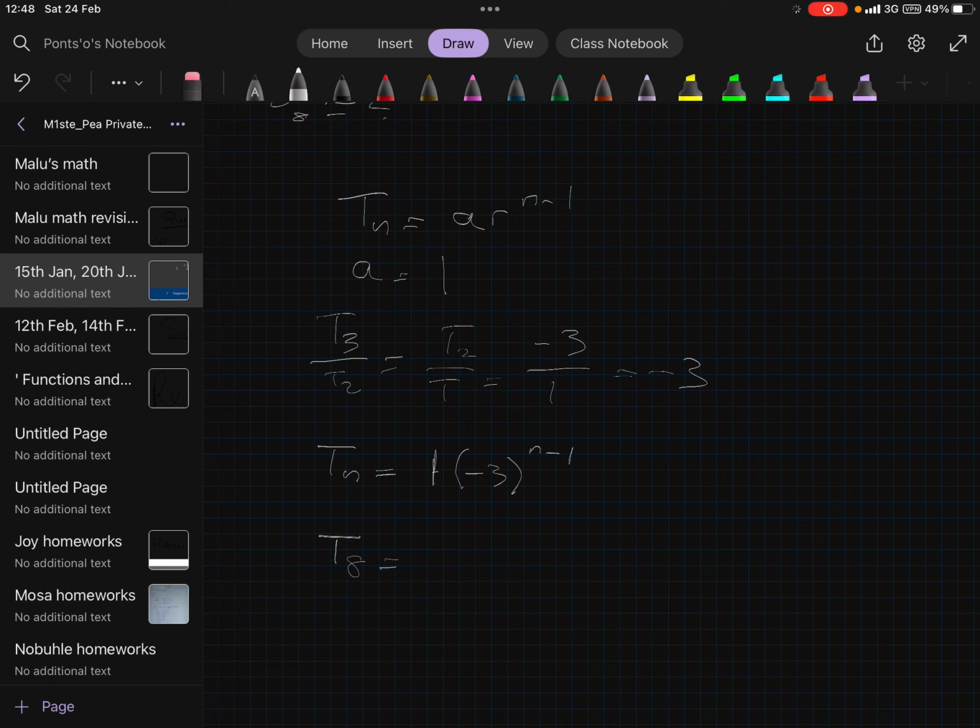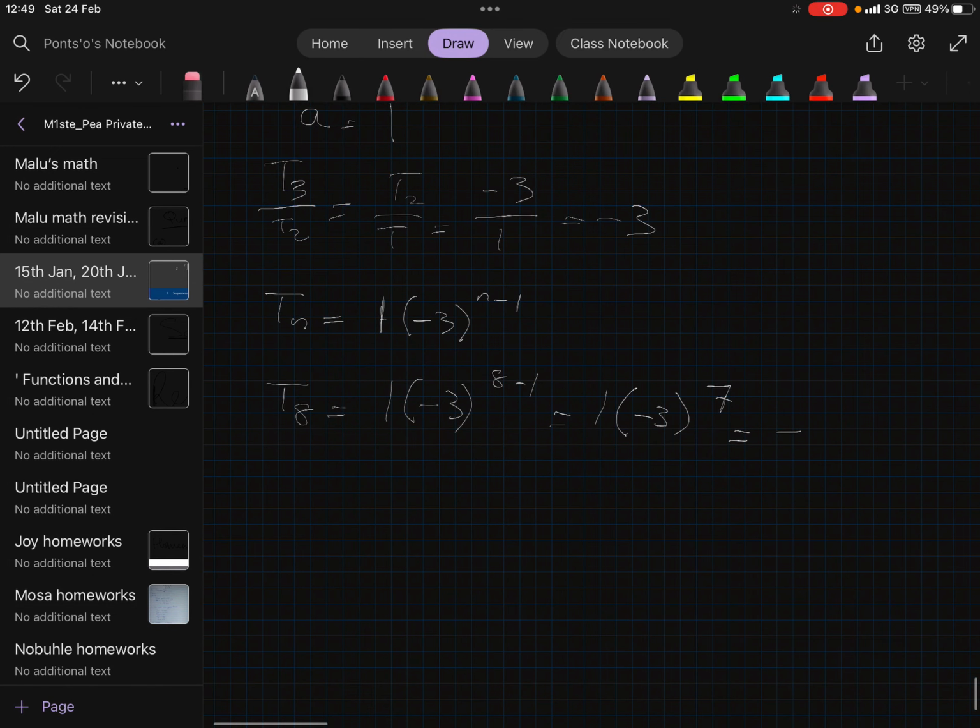That means the 8th term, T8, would be 1 into -3 to the power 8 minus 1, which is 1 times -3 to the power 7, which is negative what? -3 to the power 7.